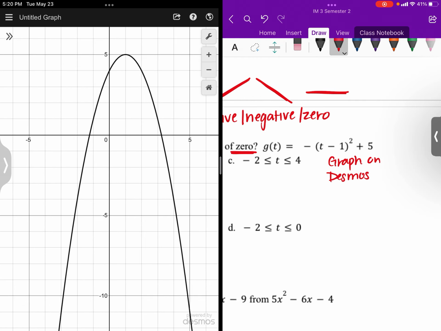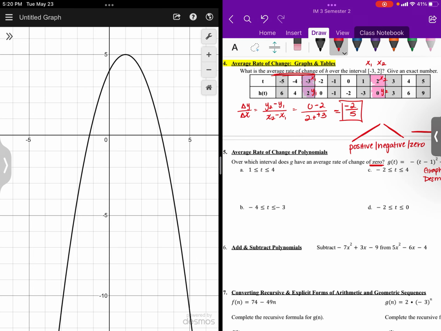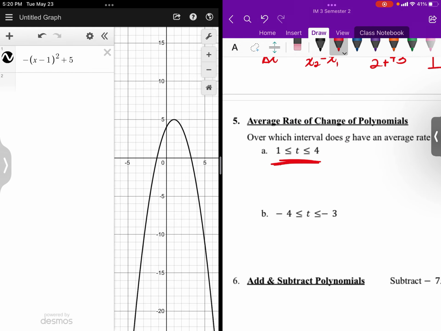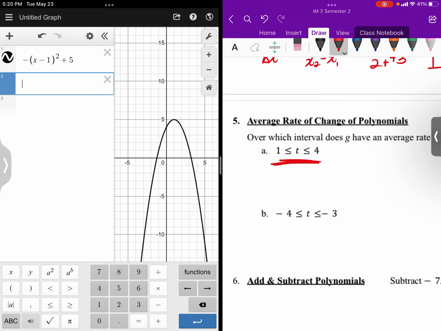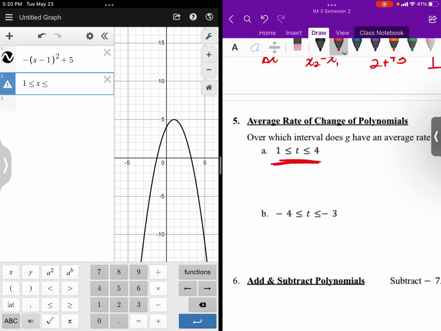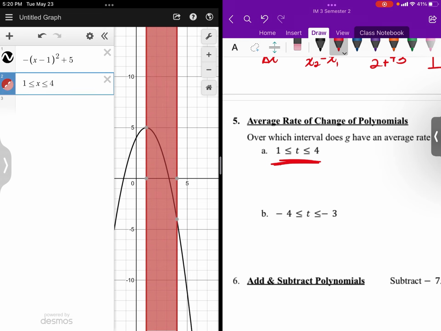Now we want to take a look for the interval of 0. I'm going to input these intervals just like they are on the next line. So on this next line, I'm going to put 1 is less than or equal to x, less than or equal to 4. And it's showing us where the interval starts and where it ends, right?